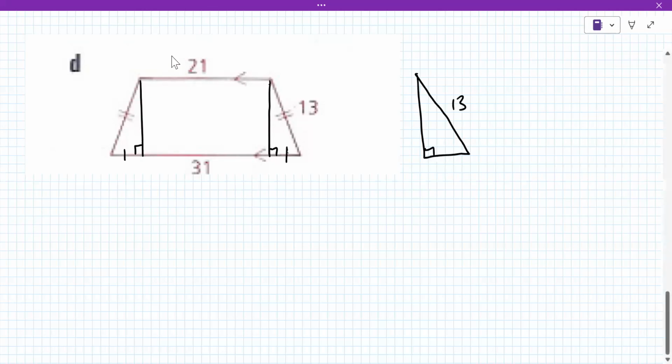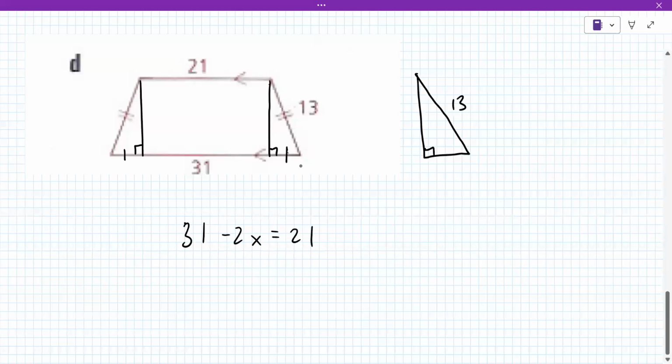So the top is 21, the whole bottom is 31. What would be each of these? If you need to, you can call it X, but go ahead and solve for that. Is it 31 minus 2x? 31 minus 2x equals 21.